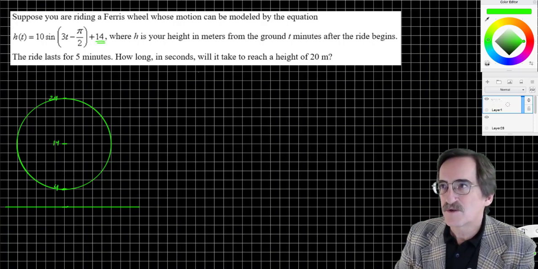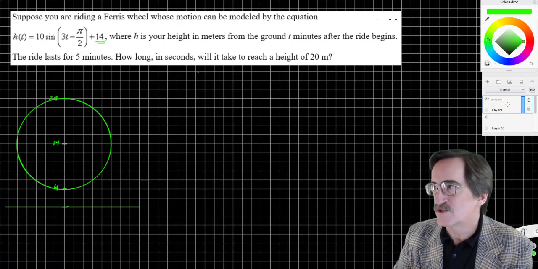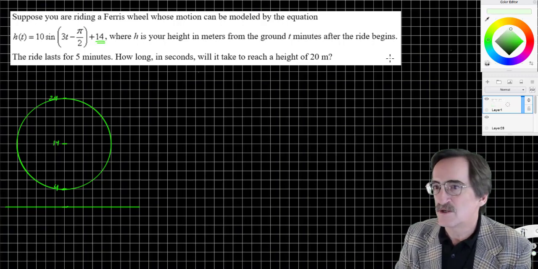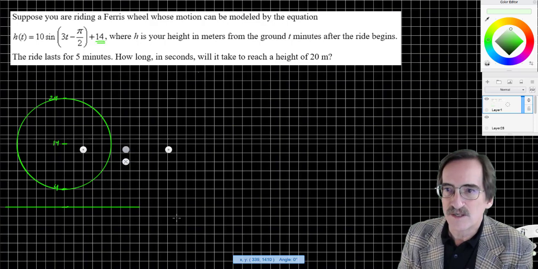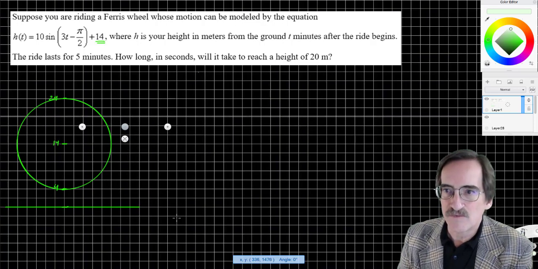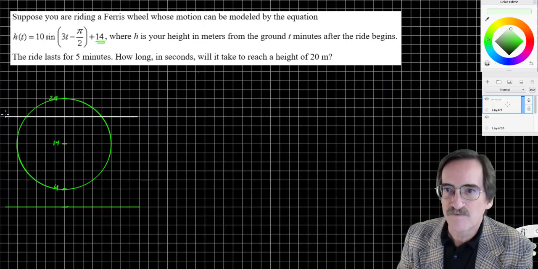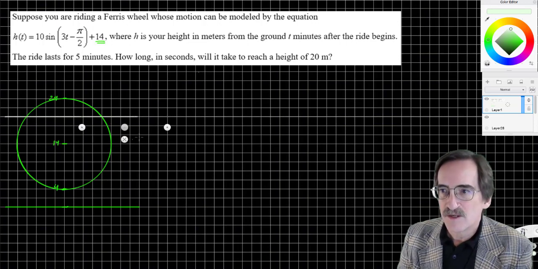Well, we can tell from the graph where it reaches a height of 20 meters. Let me draw a white line here. Okay, 14, 16, 18, 20, right here. So in the first rotation, it's going to reach a height of 20 meters right here.